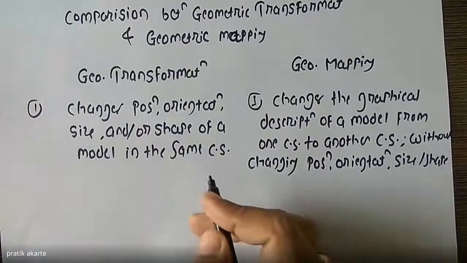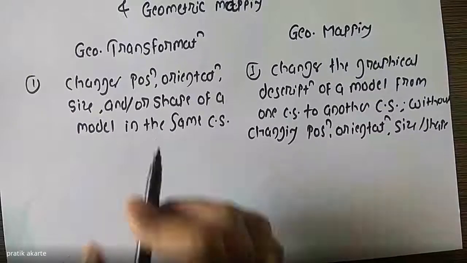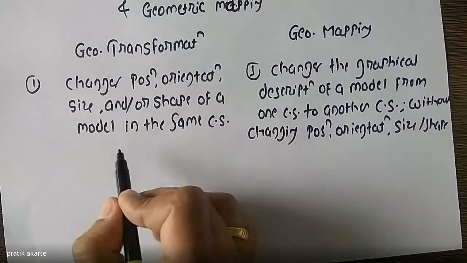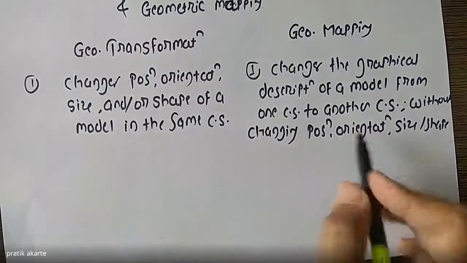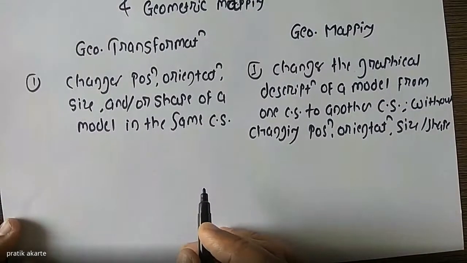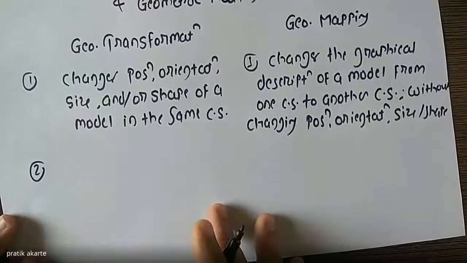To summarize, here the coordinate system remains the same. Here the coordinate system is changing. Here position and orientation are going to change. Here position, orientation, size, and shape remain the same. So this is the first point of comparison.